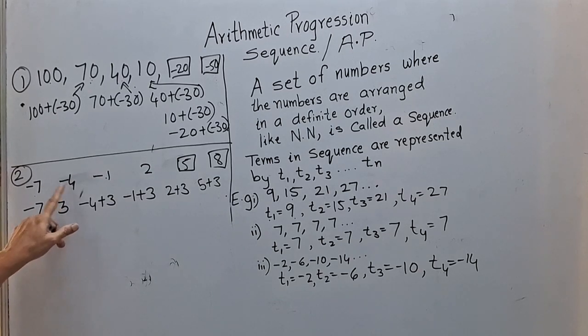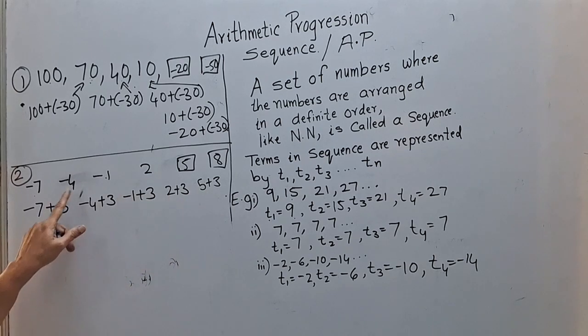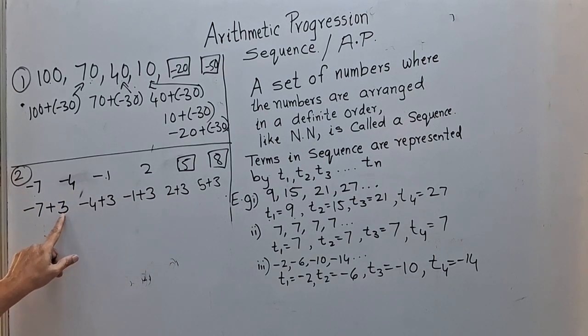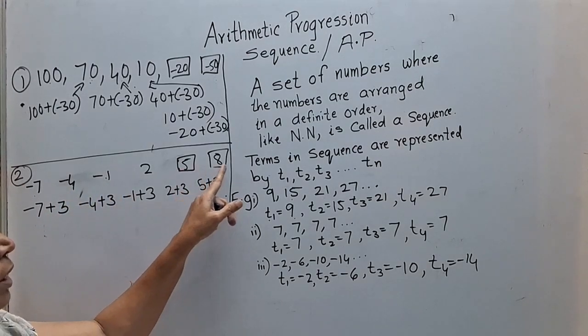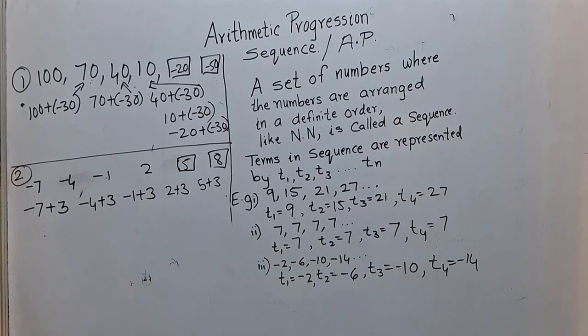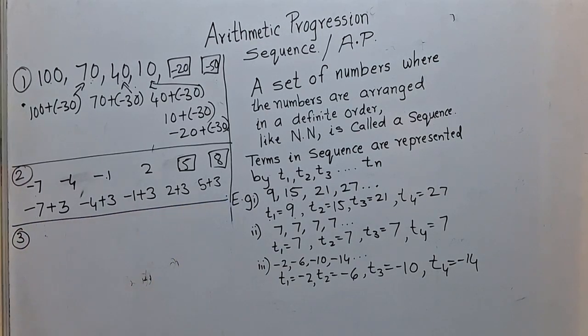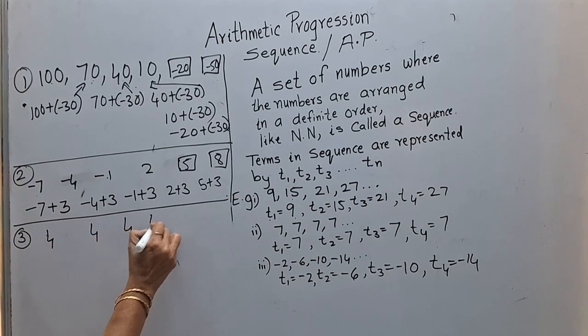So what is the common difference? 3. The difference between the second term and the first term is 3. So what we have done is add 3 and get the next terms. Now we will take the third example: 4, 4, 4, 4.